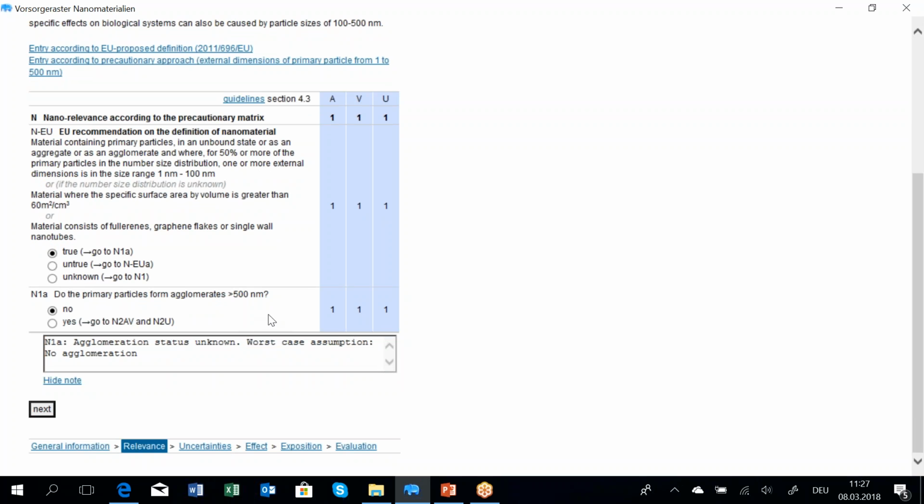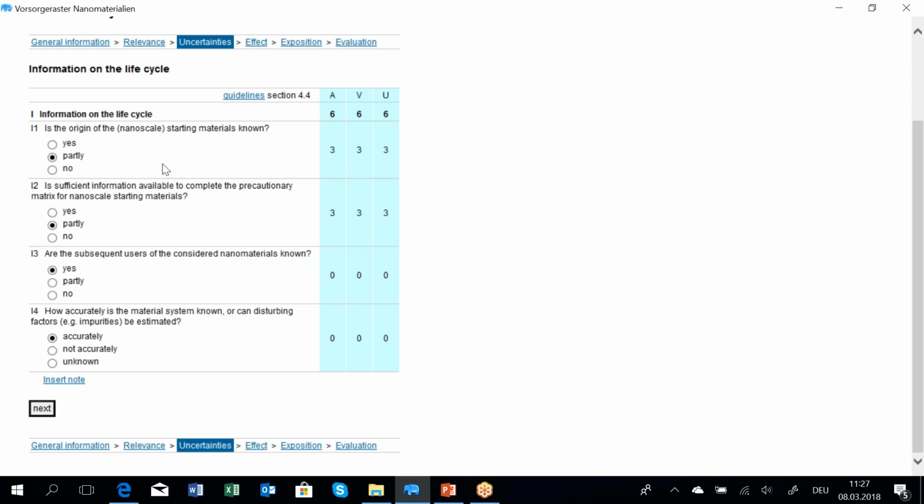And about the primary particles for agglomerates, we said no, because we do not know the status of the agglomeration of our nanomaterials. Therefore, we take the worst case assumption, which is no agglomeration.